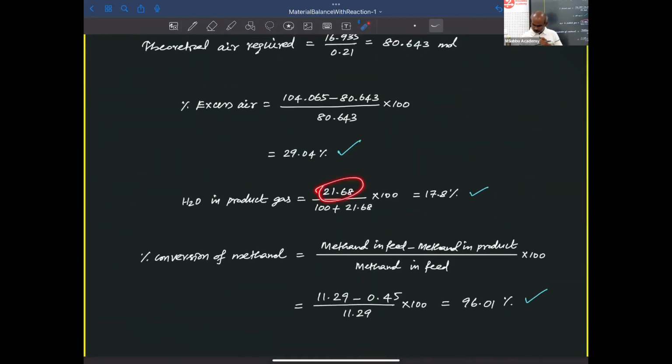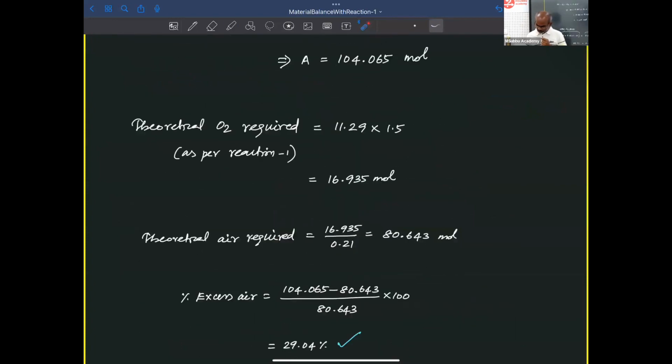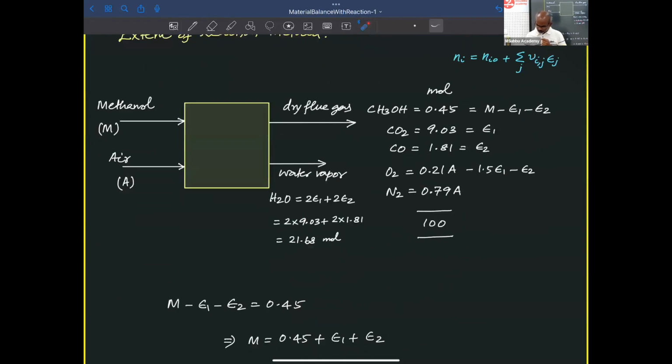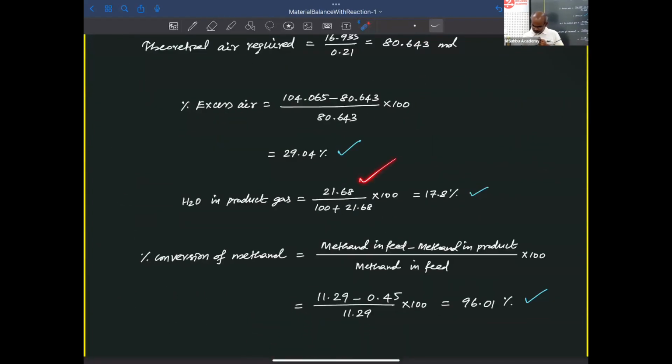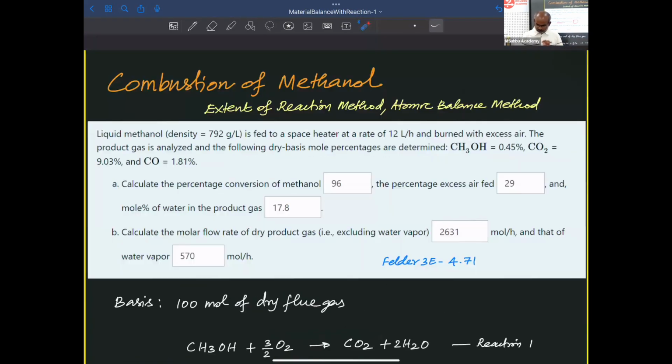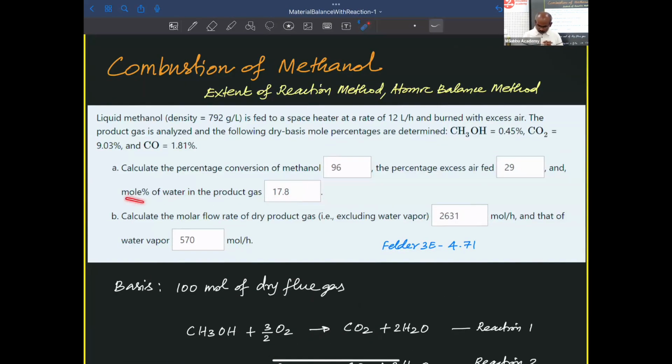This is 100 mole of dry gas and 21.68 mole of water, so the mole percentage of water in the product gas is 17.8.